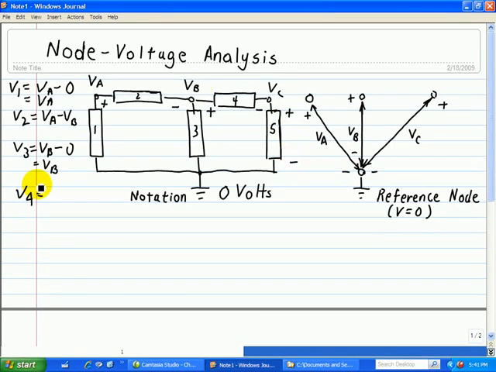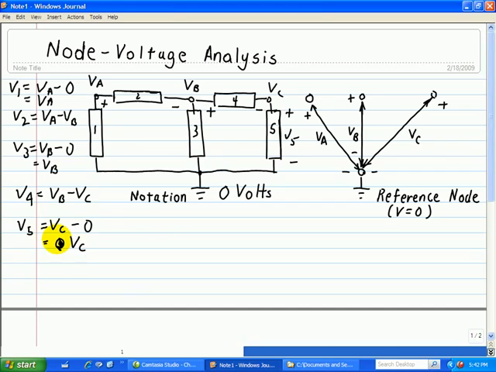So V4, again, we see that it's VB minus VC, and then for V5, that's just VC minus 0, or simply VC.